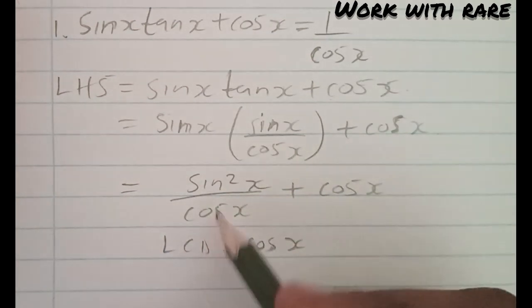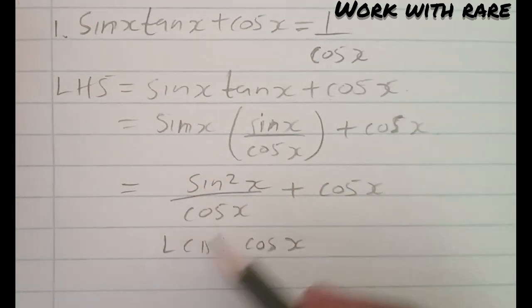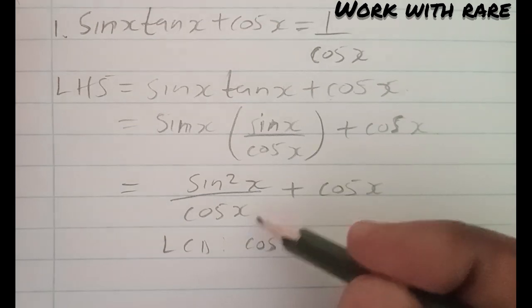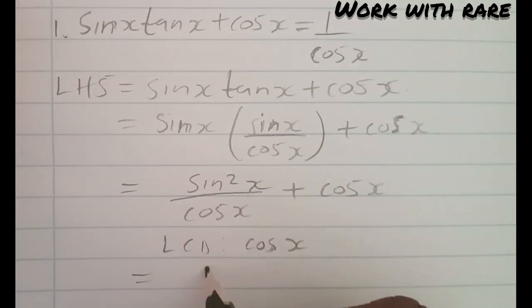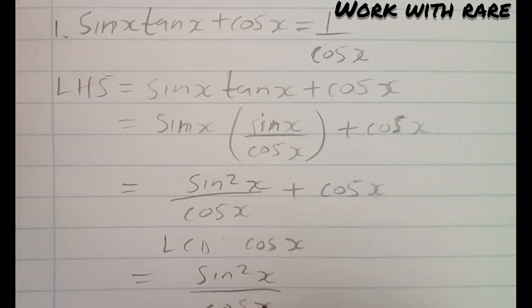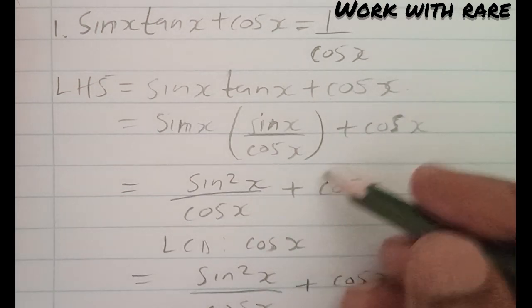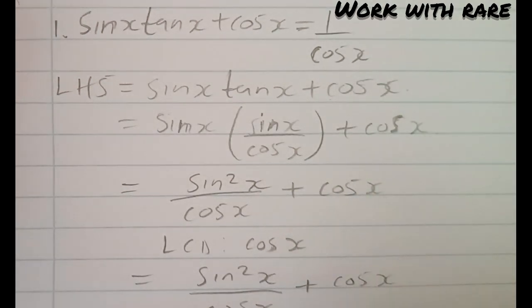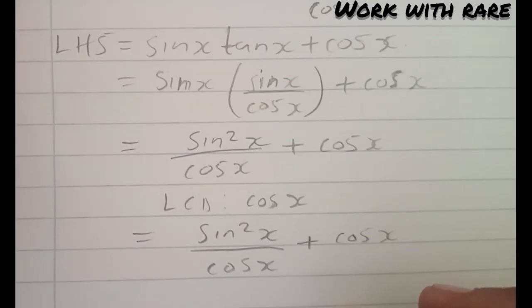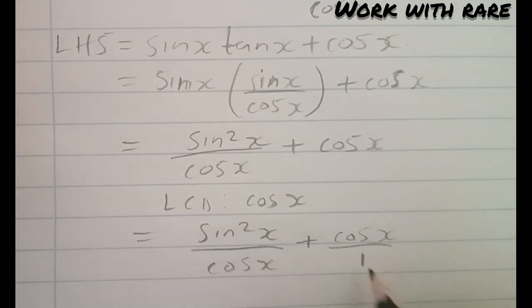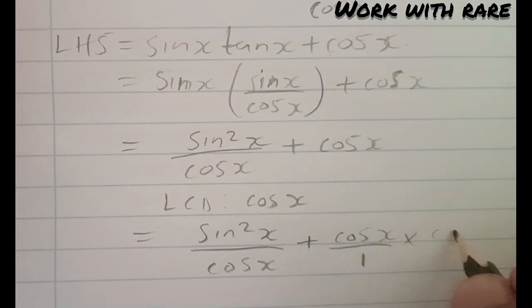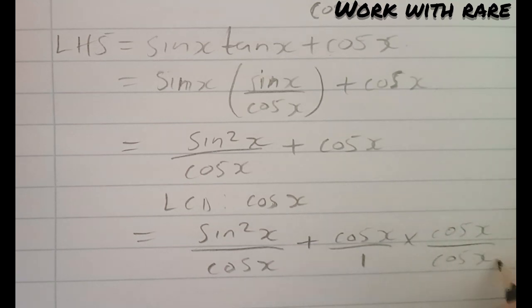For this part, I can multiply it by cos x because I already have cos x here, so I'll write it the way it is plus cos x. Remember, when it's cos x only, it's the same as cos x divided by 1. So I'll multiply this part by cos x over cos x.